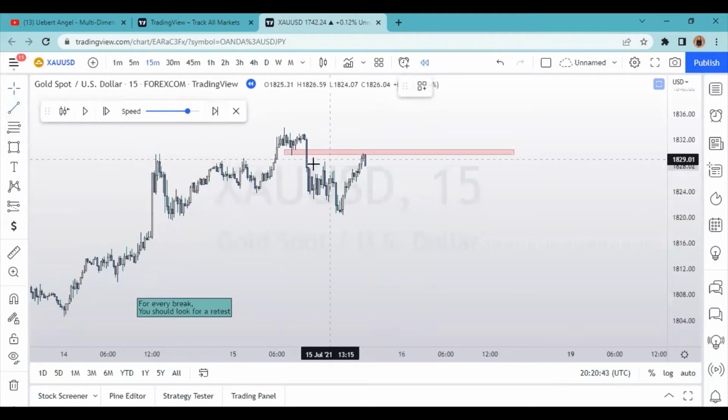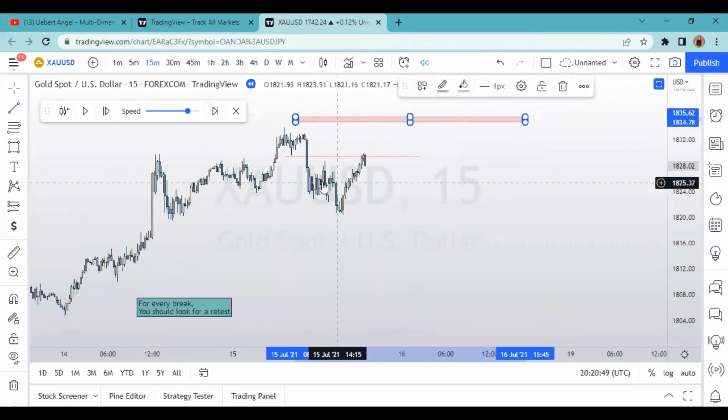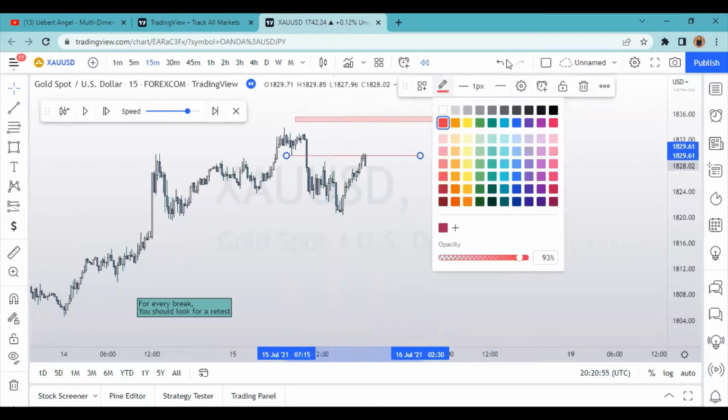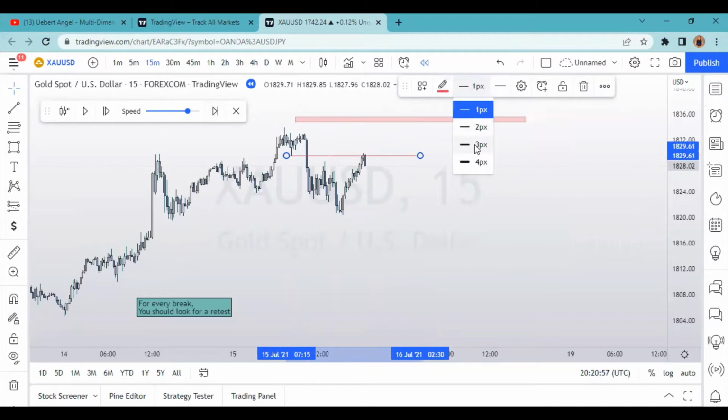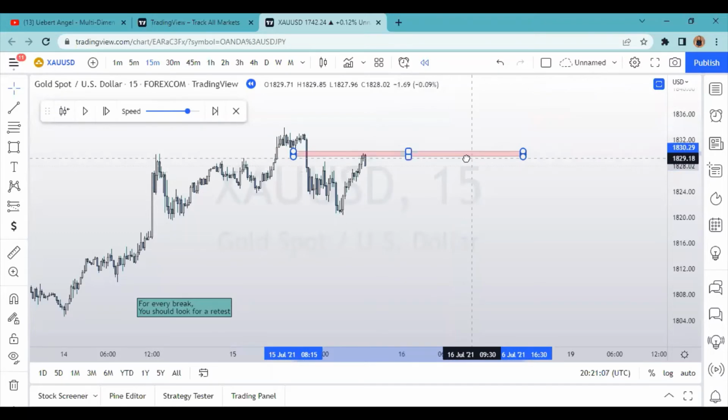You can also use a trend line like this. You can also draw a line here to draw your support and resistance. Whatever tool works for you is fine. So now this is a level of support.